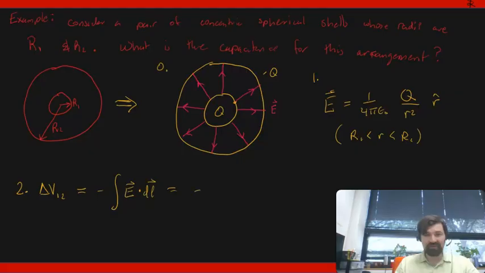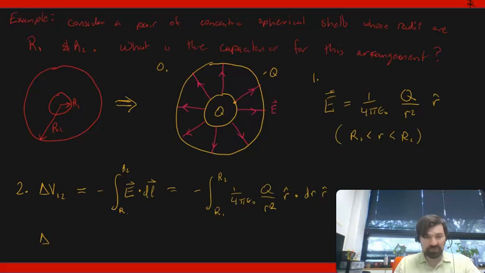So what do we got? We got an integral. This would be from R1 to R2. So integral from R1 to R2 of 1 over 4 pi epsilon naught q divided by little r squared, and our dl element could just be dr r hat. So this is r hat dot dr r hat.